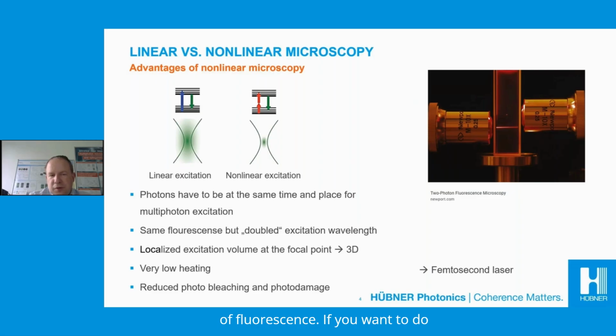If you want to do nonlinear excitation, you have to have two photons. Finally, you have to have the same energy to excite the level. That means if you want to have two photons, you have to have half of the energy, which means you have to have double the wavelength. Finally, you get the same fluorescence as before.